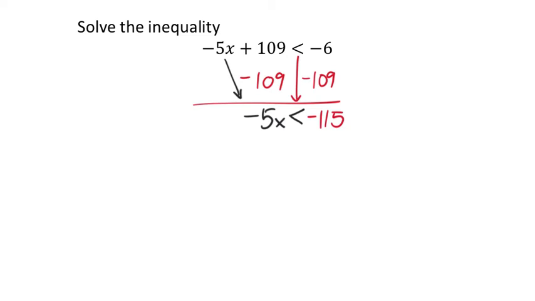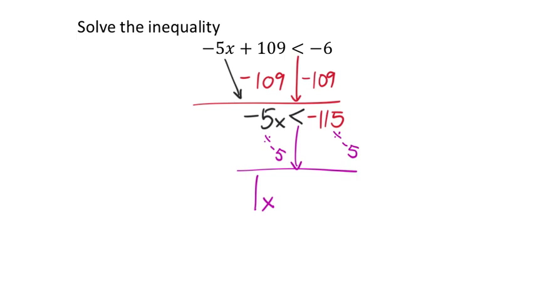Now on this one, just like on the previous ones, we want 1x's, not negative 5x's. So we need to make that negative 5 coefficient a 1. And to do that, well, just going to divide it by itself. If you do it to one side, you got to do this to the other side as well.